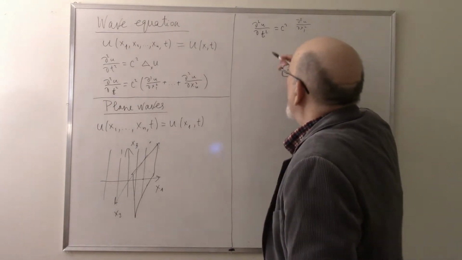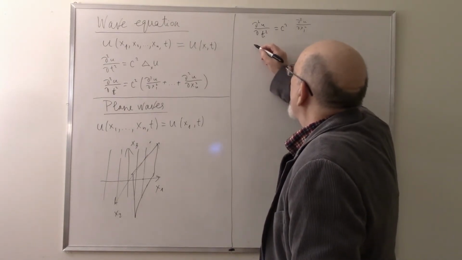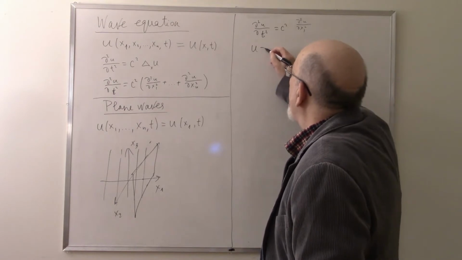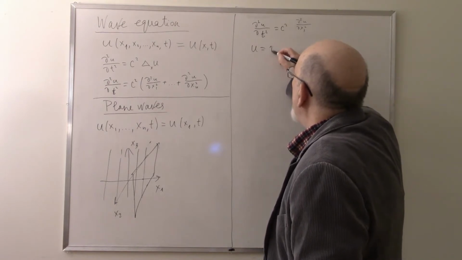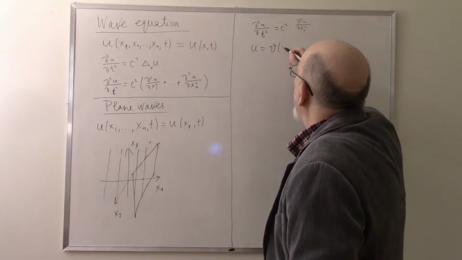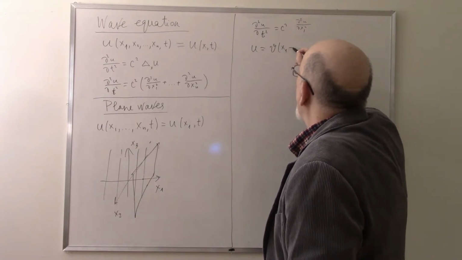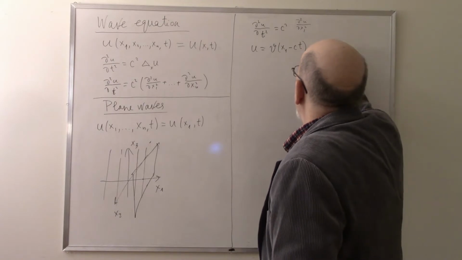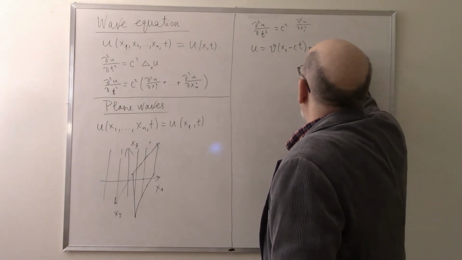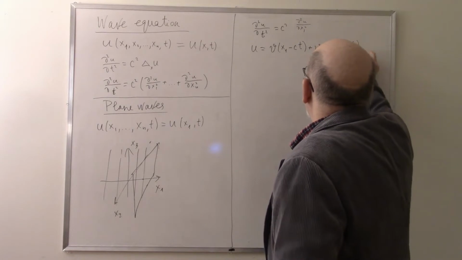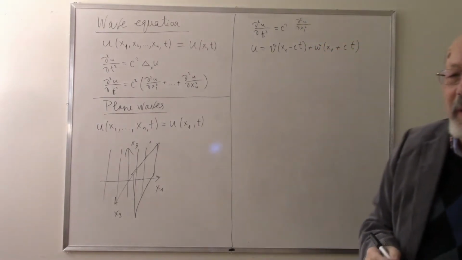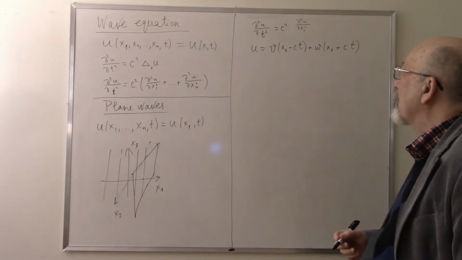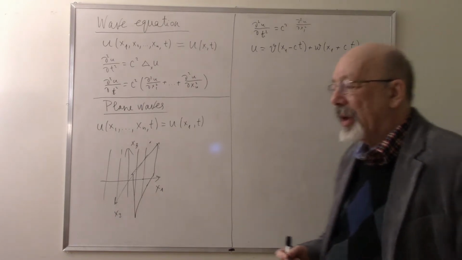And so we can immediately write the general form of solution. U equals v of x1 minus ct plus w of x1 plus ct, where v and w are two arbitrary functions of class C2, to have a classical solution.